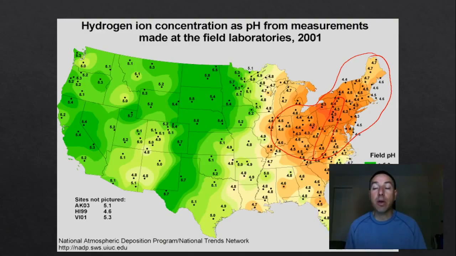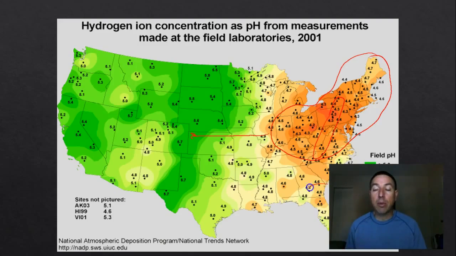And this is because of all the coal burning power plants that occur in this area. They're releasing all kinds of sulfur dioxide and nitric oxide, and so all of this is in fact reducing the pH of the rainwater. As we get further away from the east and away from those power plants, we start to get to more normal pH levels for rain.